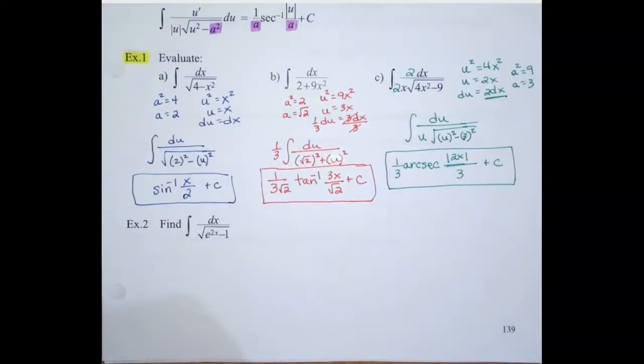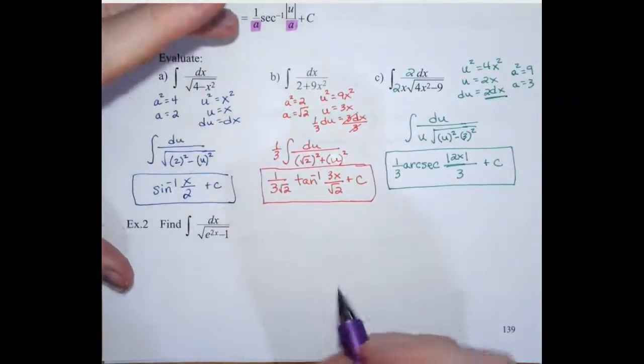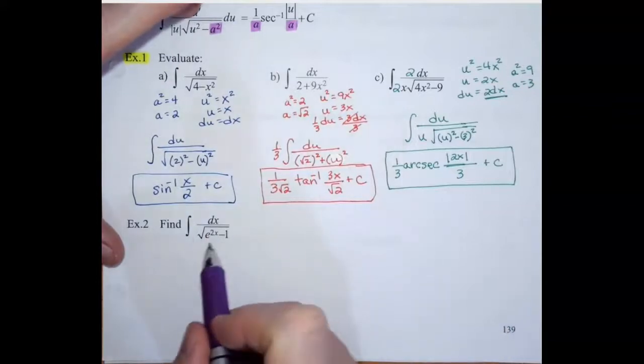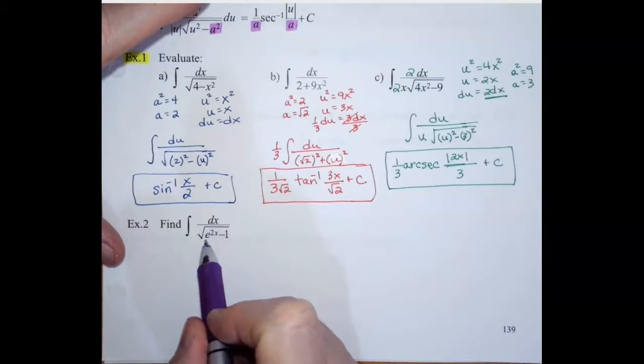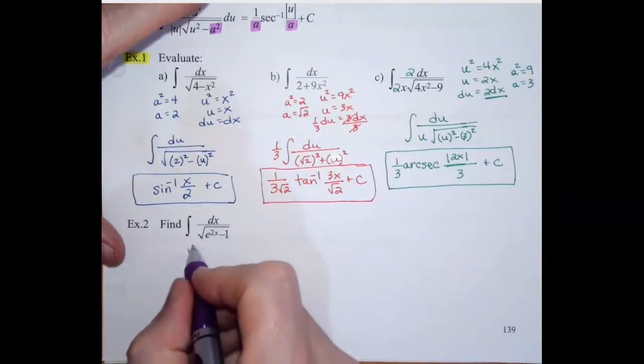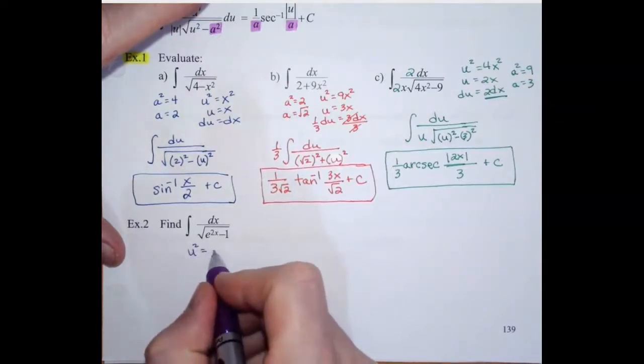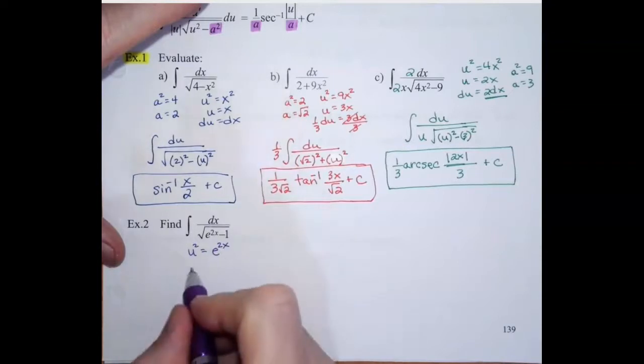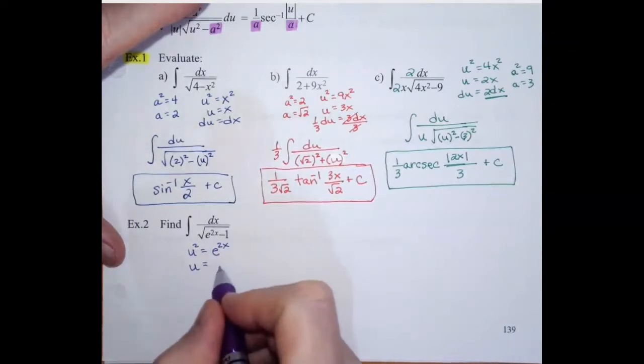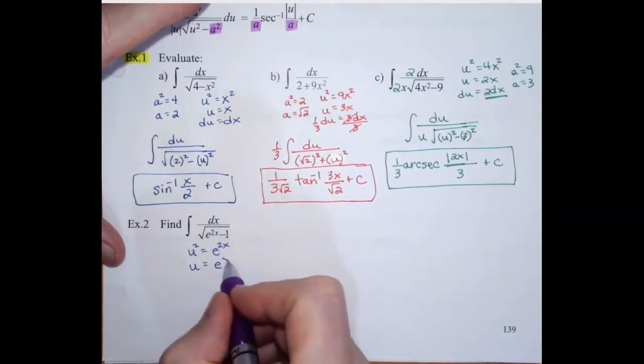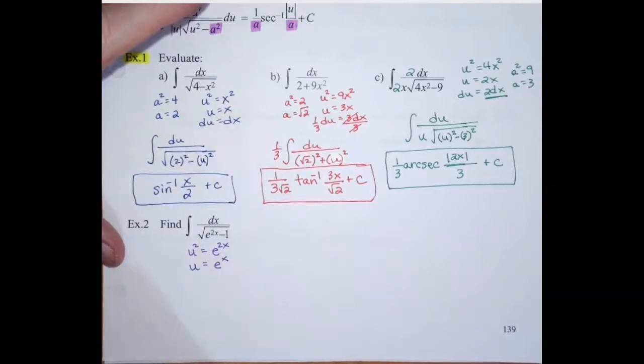So moving along, we run into this down here. Now, if we're going to let u squared be e to the 2x, if we square root both sides, that's just going to be e to the x.